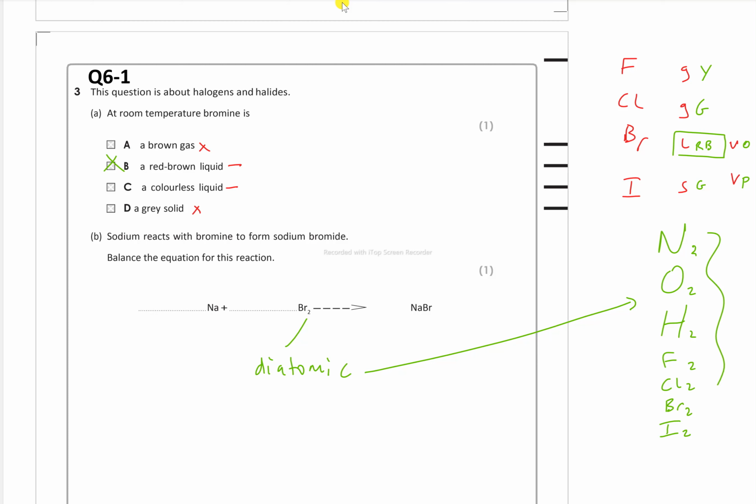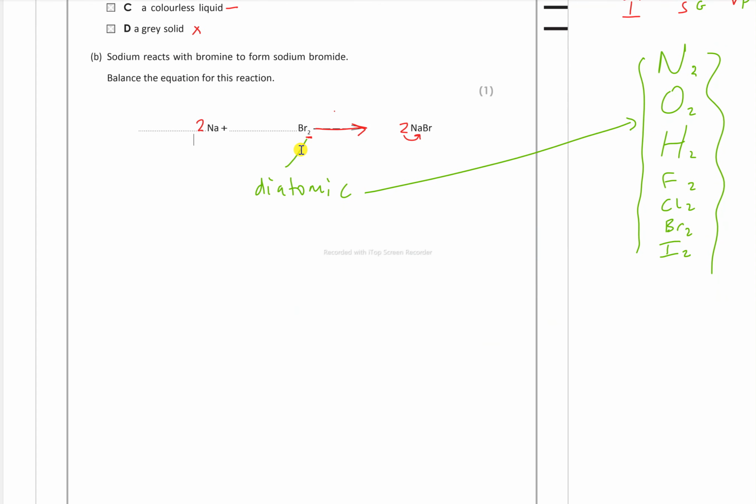So now these all run around in pairs in the natural world. So you've got sodium bromide. You've got 2 bromine atoms, so you need a 2 there. So the bromine's alright, but now you've got 2 sodium atoms, so we need to stick a 2 there. So let's move on.